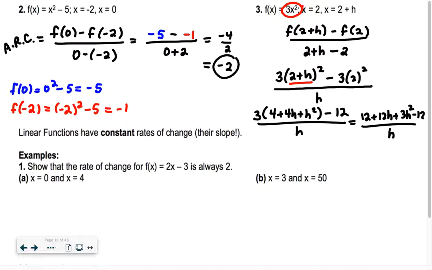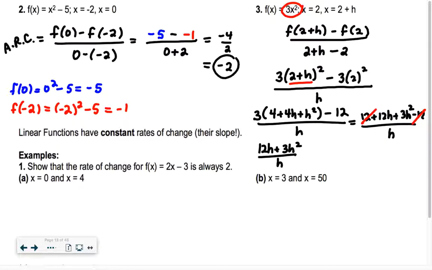So what's my next step in simplification? 12 minus 12? Yeah, it goes away, right? So now I have 12h plus 3h squared all divided by h. There's one last step in simplifying this. Okay? The h will go into every single thing.